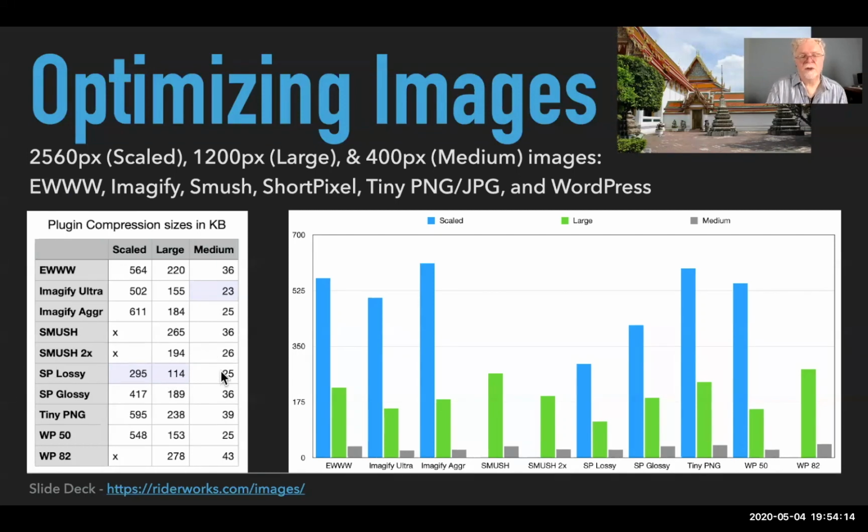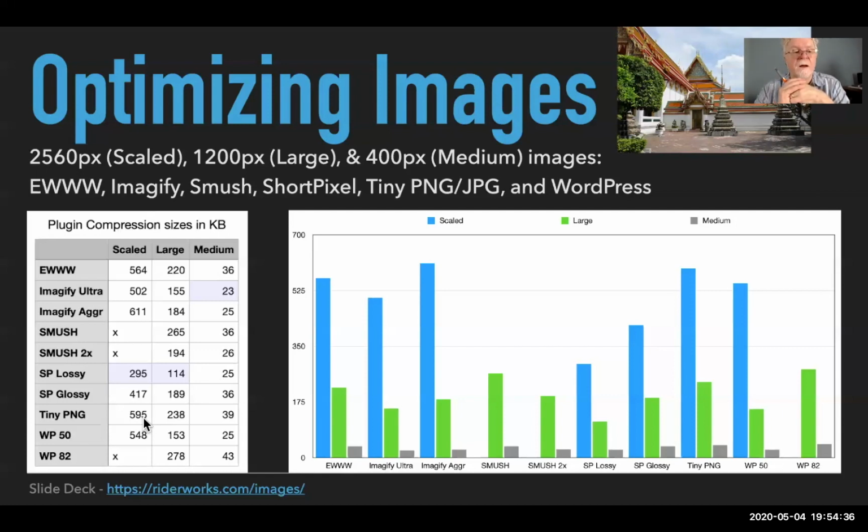Where you really want to see the compression work is up at the large images. And I think that's why ShortPixel scales their compressor to work harder on the large images, because those are the ones that actually take up the most space. I mean, a big difference between ShortPixel Lossy and TinyPNG is 300. It's like half the size for the same size image.